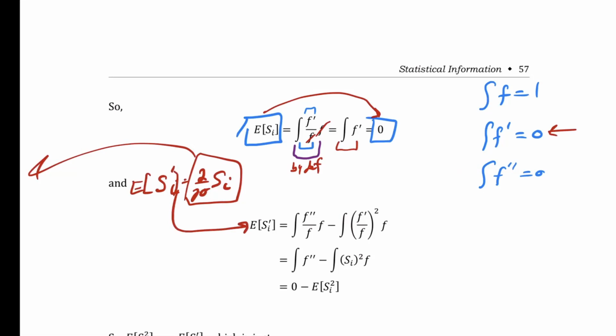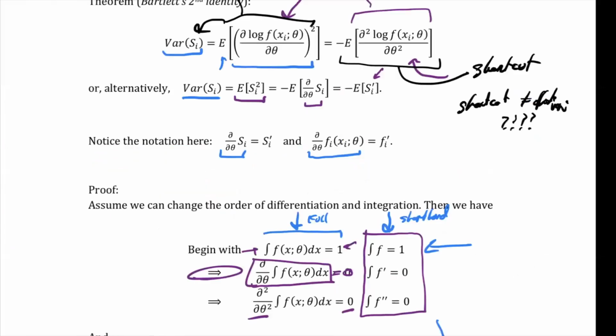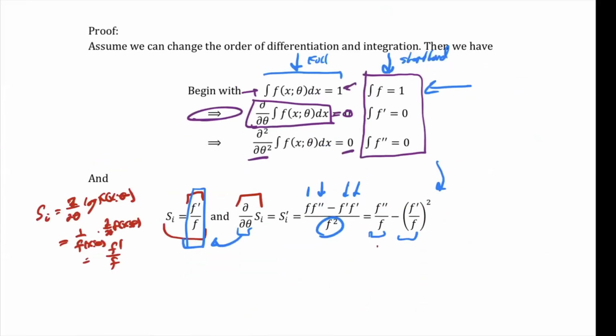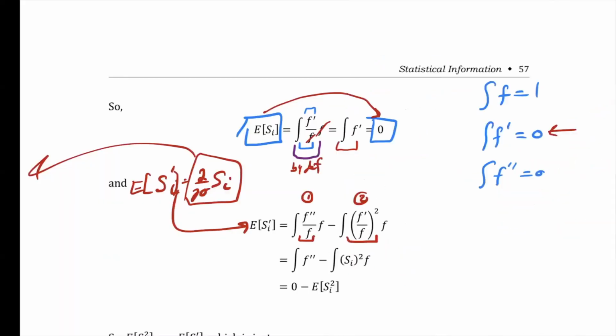So the expected value of that thing is, here's the first term, and here was the second term. So this is term 1, and this is term 2. I'm just going back. Remember, here this is term 1, and this is term 2. I'm going to take the expected value of this and the expected value of that. Here they are, right here, and right here.